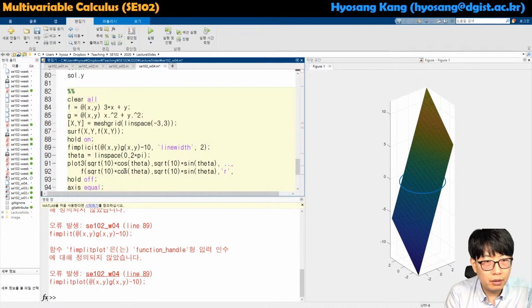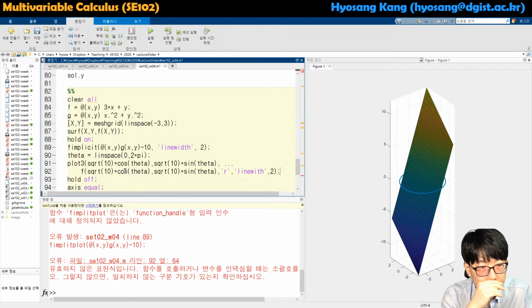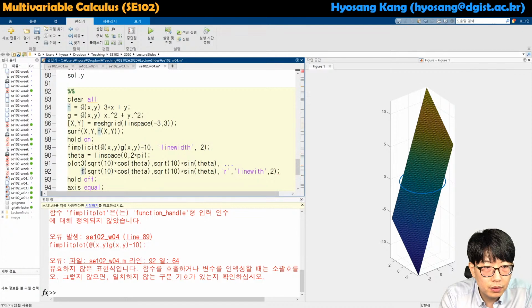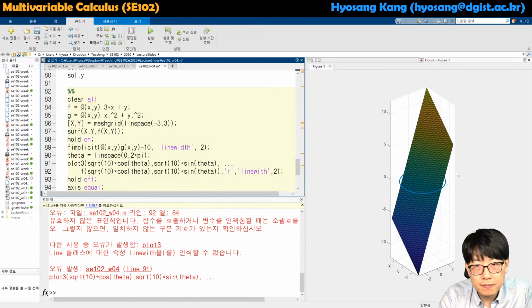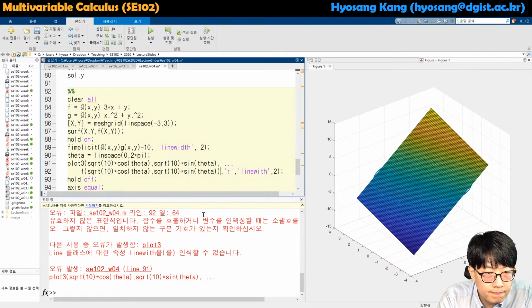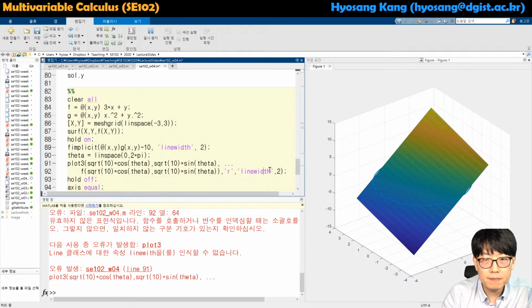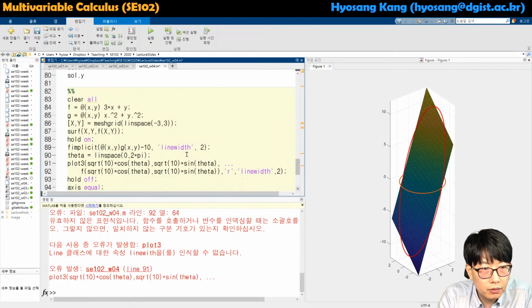Let's take it as a red line with line width 2. What's wrong in here? I forgot the f here. Line width. All right. Why does this become the red one?